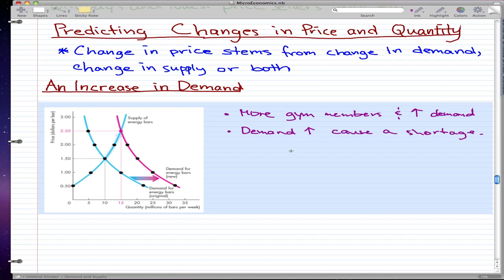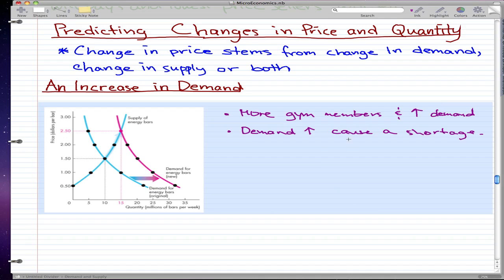So when demand increases, we know that both the price and the quantity must increase to reach equilibrium. We're right here at a price of 150 and we're currently supplying 10. So to get to equilibrium, we must increase our price to 250 and we must increase our supply to 15.